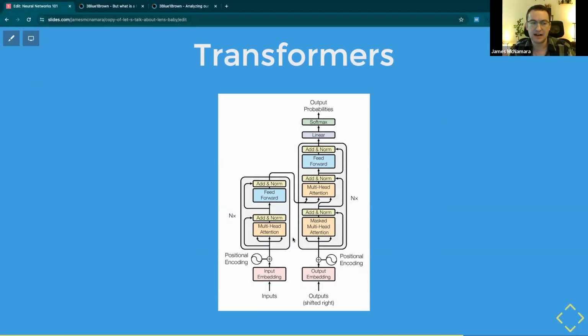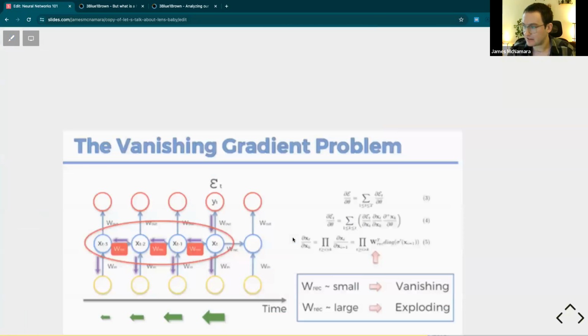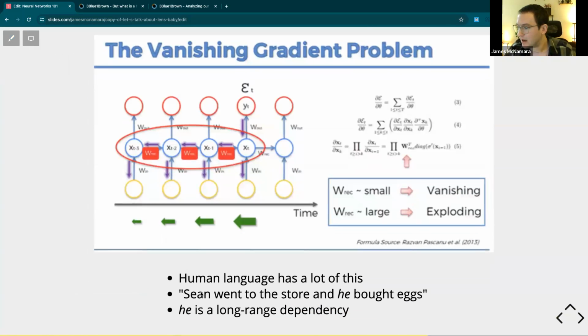depend on, I want to look at many different problems at once. So for example, I'm doing word prediction, what comes next, but I'm looking at a huge window of text. And I want to specifically understand what we call long-range dependencies. Human language has a lot of long-range dependencies.